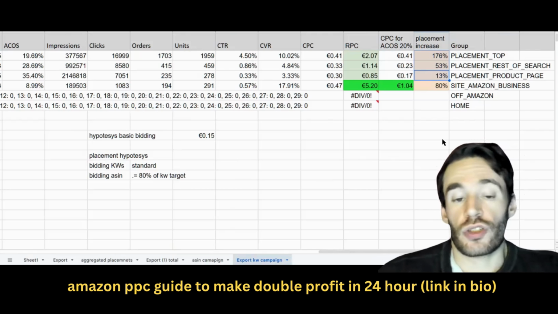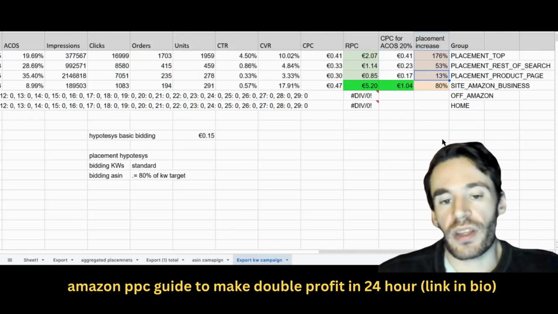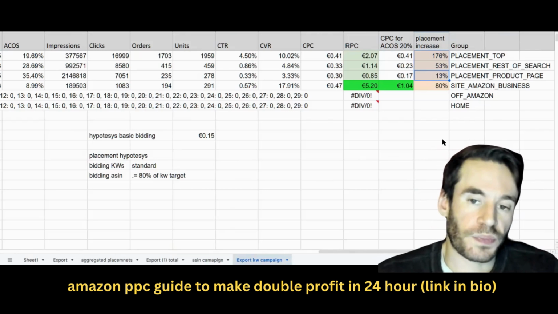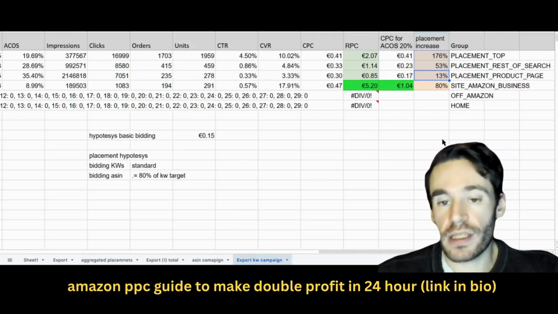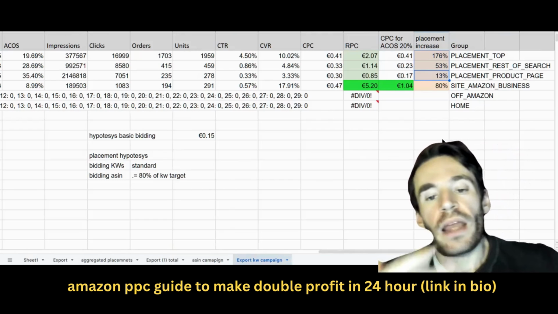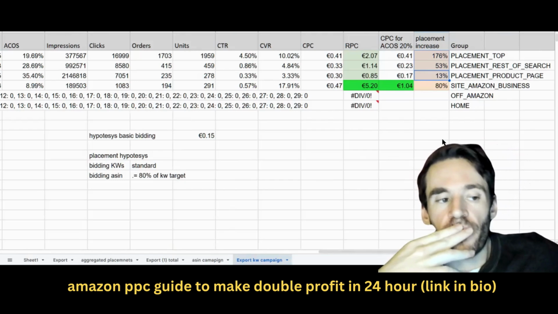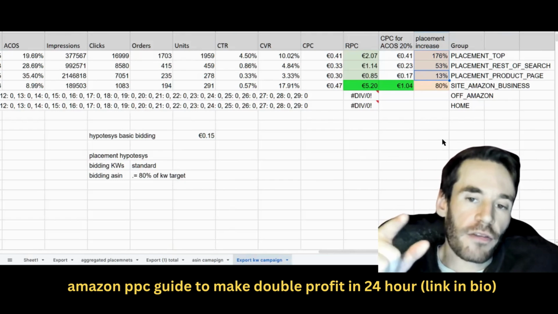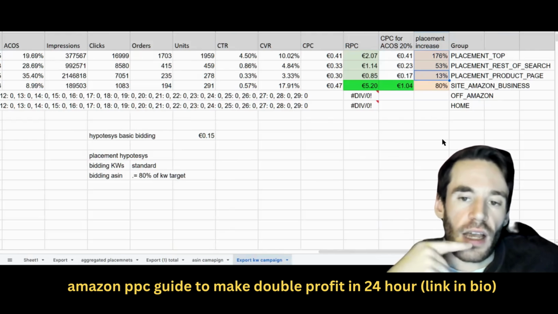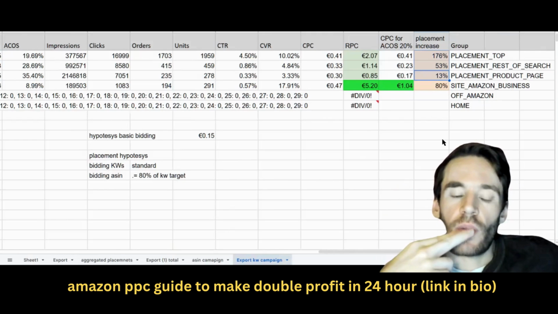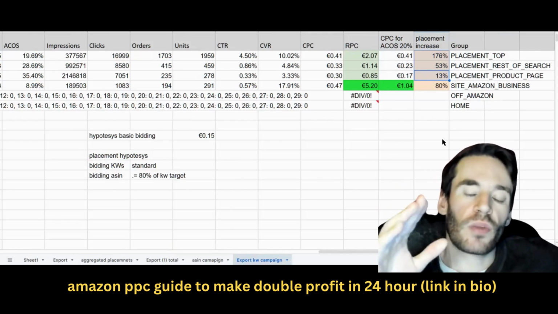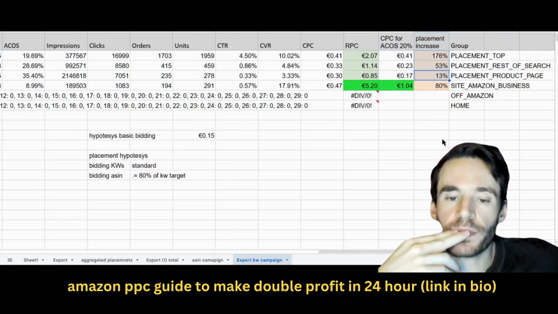Then rest of search is limited, and product pages are much less. That's interesting. My hypothesis for this account is maybe they are not doing enough negative ASINs, because it's strange why the product pages are performing so much worse.